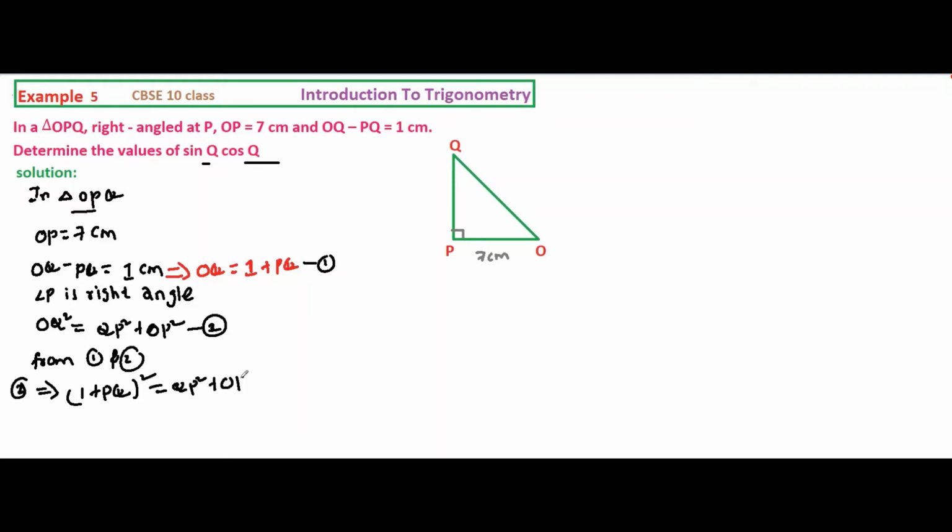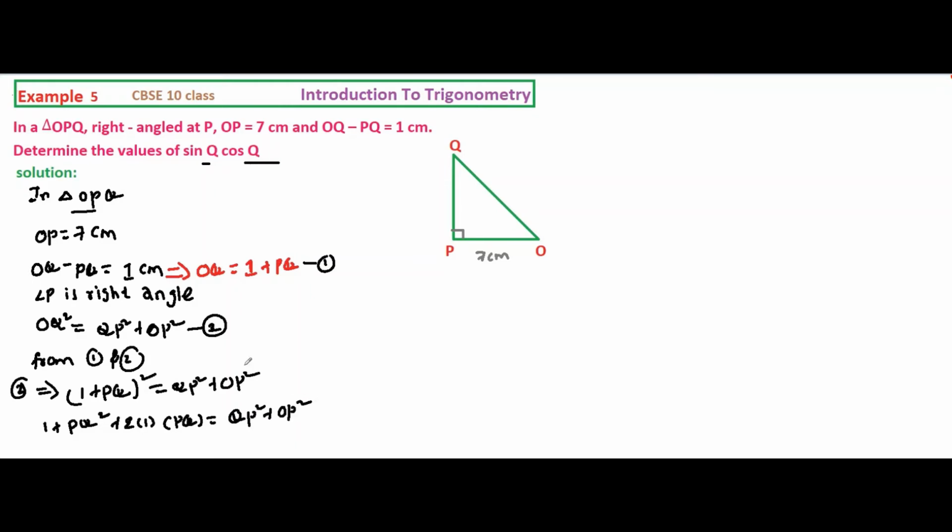Expand this using the (A plus B) whole square formula. So 1 square is 1, plus 2AB, 2 into 1 into PQ, plus PQ square, equals QP square plus OP square.